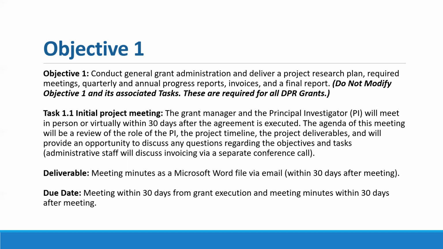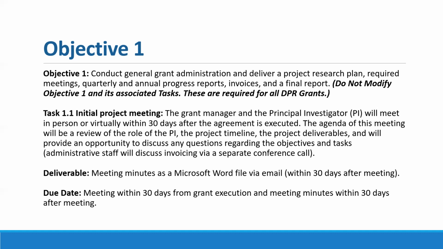The first task contained under objective 1 is to hold an initial project meeting. In this meeting, the grant manager and the principal investigator meet either in person or virtually within 30 days of the grant agreement being executed. The agenda of the meeting will be a review of the role of the PI, project timeline, and project deliverables, and provides an opportunity to discuss any questions regarding objectives and tasks.